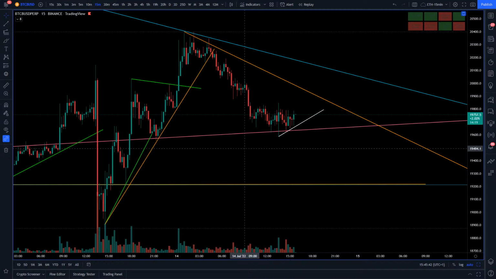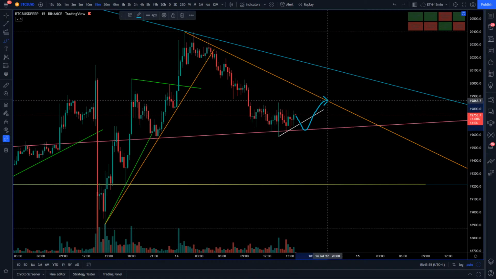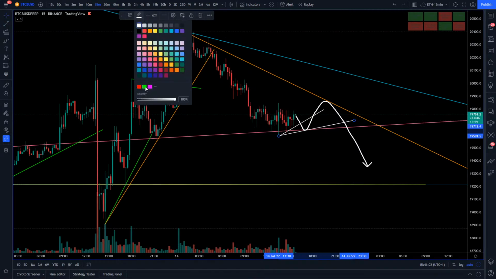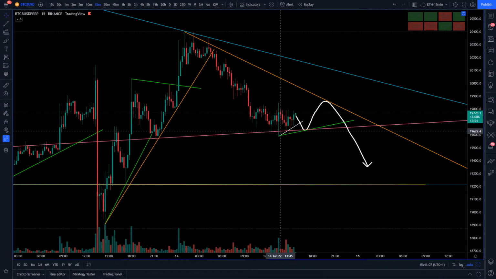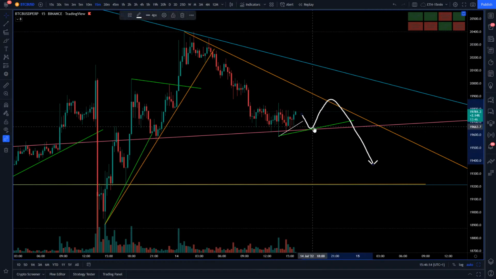What I expect to see is this. I expect the 1 hour, the white line to go up and down and up and down.